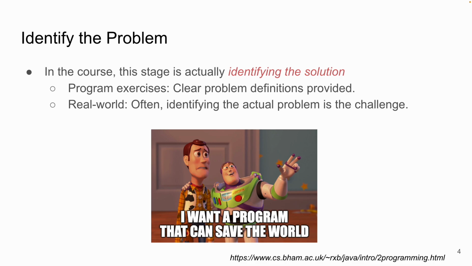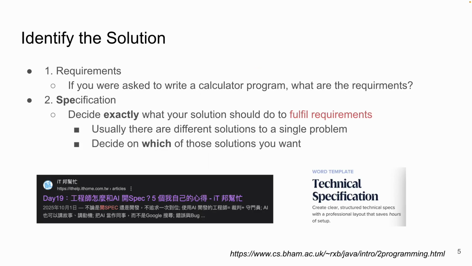In this course, what we actually need to do is identify the solution. To identify the solution, the first step is that we need to know the requirements. If you don't have a clear idea about the requirements of the code and you just start writing, there's a high chance that you won't meet the requirements at all.